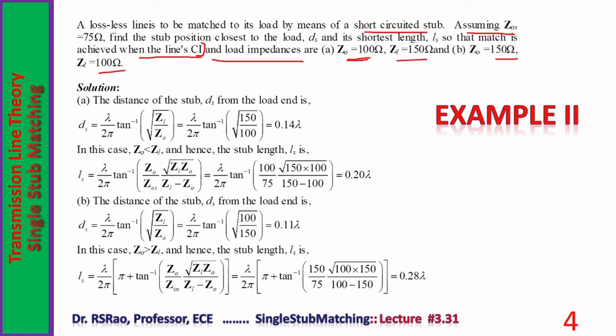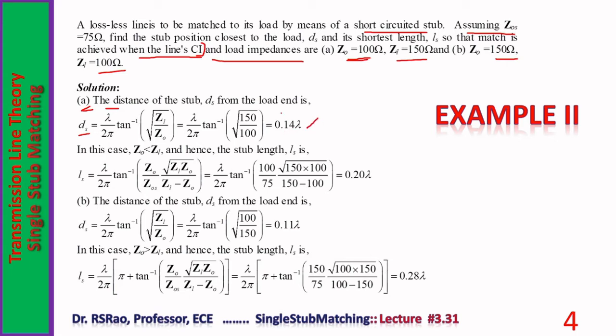Now, this problem is different from the previous problem in the characteristic impedance of stub. There, characteristic impedance of stub is same as the characteristic impedance of the main line, but in the present problem, these two are different. Now, the solution A. The distance of the stub ds is lambda by 2 pi tan inverse square root of zl by z0. ZL is known, Z0 is also known, so it becomes 0.14 lambda.